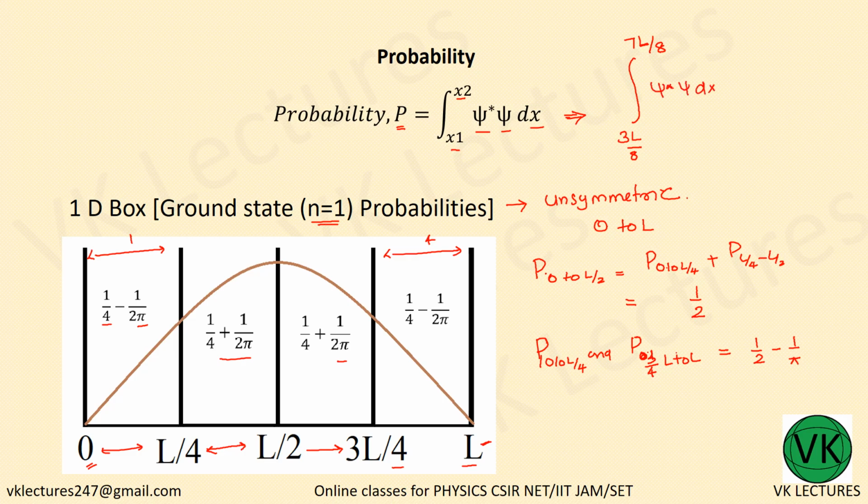So you have to integrate and substitute the limits, which will give you the probability from 3L by 8 to 7L by 8. So this is how you can get probabilities.